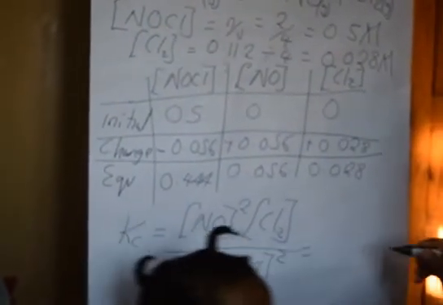So when you put these values there, you get 0.056 squared times 0.028, then this divided by 0.444 squared. This, my friends, is what will give us the equilibrium constant.